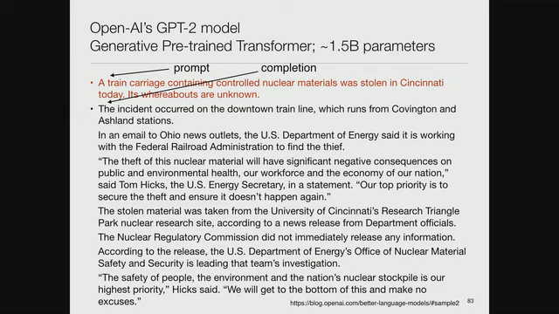So here's a prompt that says, a train carriage containing controlled nuclear materials was stolen in Cincinnati today. Its whereabouts are unknown. By the way, this is made up. This is not a real news article.